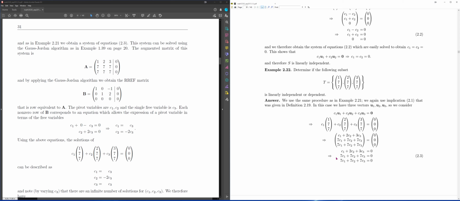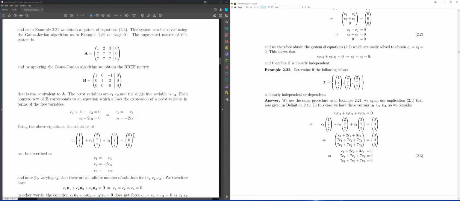But this system, if you notice, is really just equivalent to this vector equation. Because how do you go from this vector equation to this? You just multiply everything out and you equate components. And you can actually go backwards here. From this over here, you just consider the components, and then you can separate the components out again and pull out the C1, C2, and C3. So the solutions for this vector equation are the same as the solutions for this system, which are the solutions for this system here.